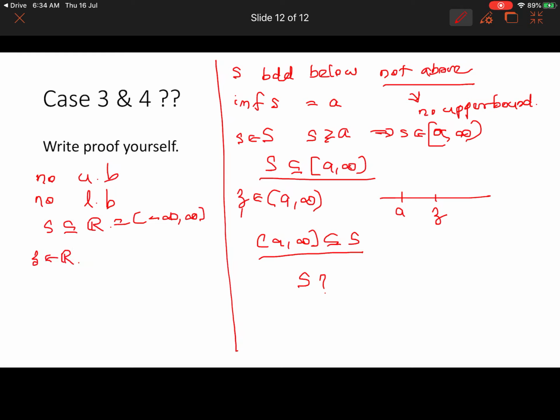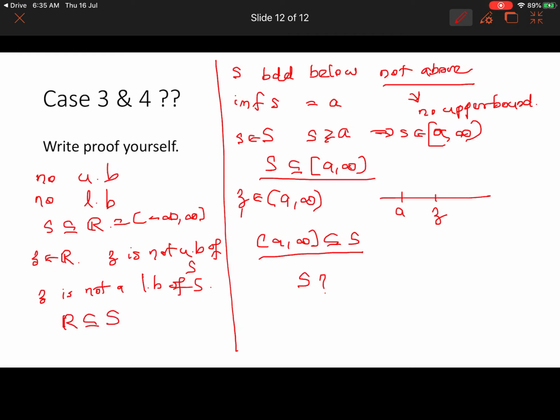Now you take z in R. Here S has no upper bound, so z is not an upper bound of S. Similarly, S has no lower bound, so z is not a lower bound of S. So you will get an x less than z and you will get a y greater than z.